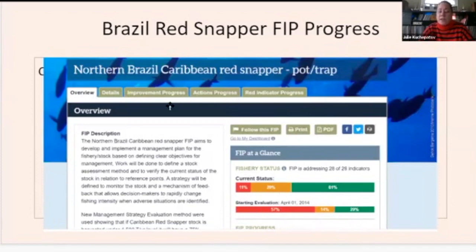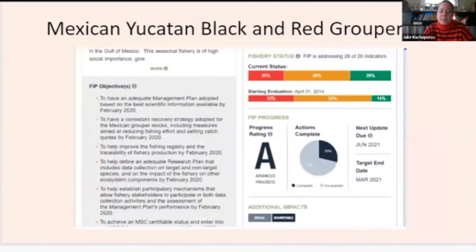But like I said, you can sign up for fisheryprogress.org. It's free to sign up and dig deeper. And this red indicator progress tab right here would be able to tell you exactly what happened within this improvement. It's pretty neat. I like that kind of stuff. And then finally, this Mexican Yucatan black and red grouper FIP. Again, publicly available information on fisheryprogress.org.